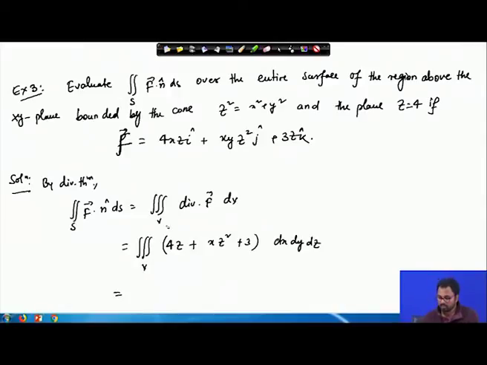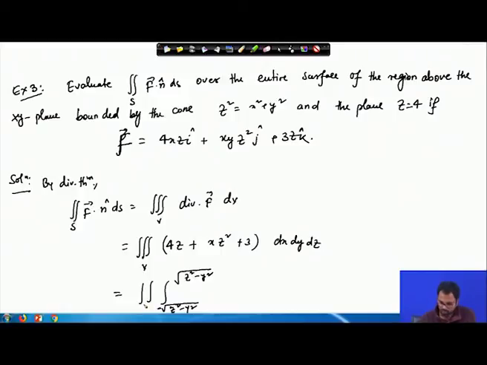Now, in this case we have to get the limits for x, y and z, and we have to remember that the volume enclosed by this cone and the plane has to be above the xy plane in a way. So, the limit for x would be minus square root of z square minus y square to square root of z square minus y square.